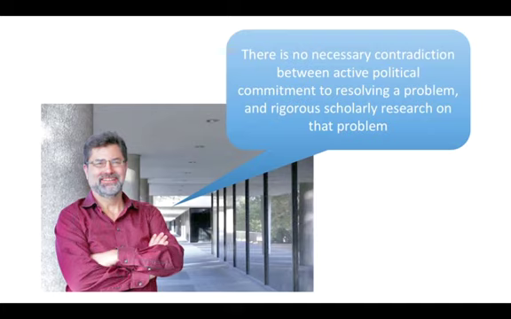This is a really important point or assumption that underpins all change-oriented or activist methodologies, which is research does not have to be politically neutral in order to be good.